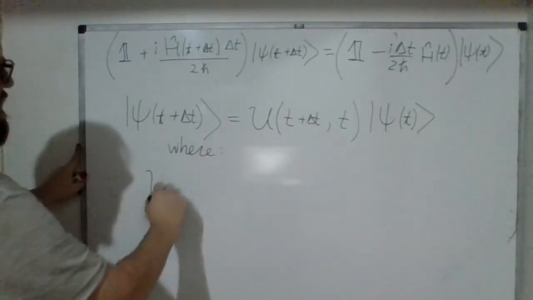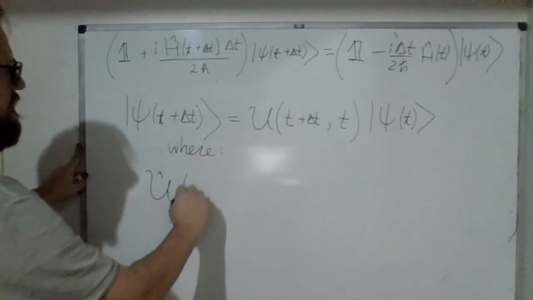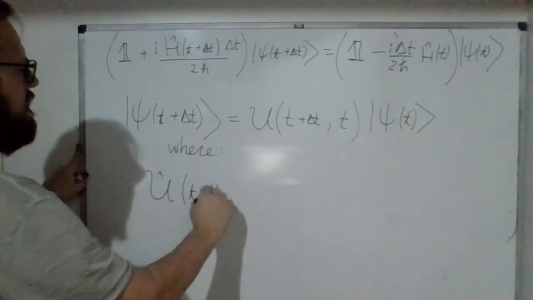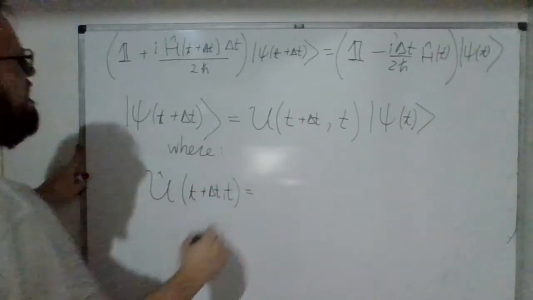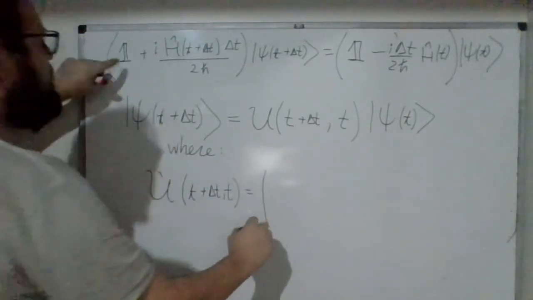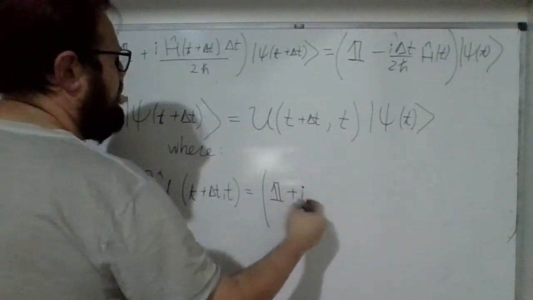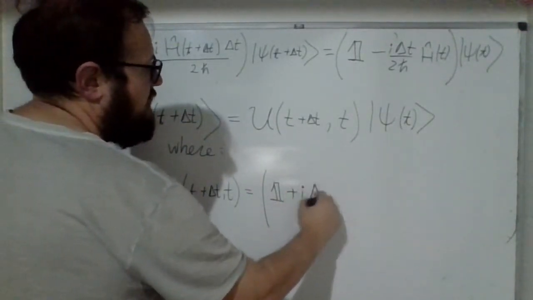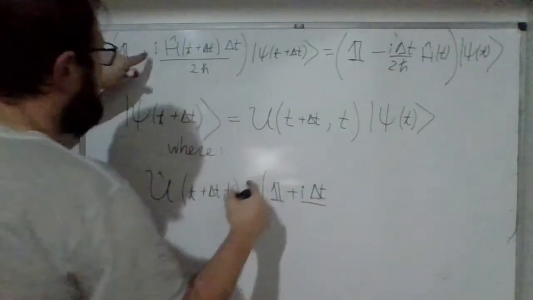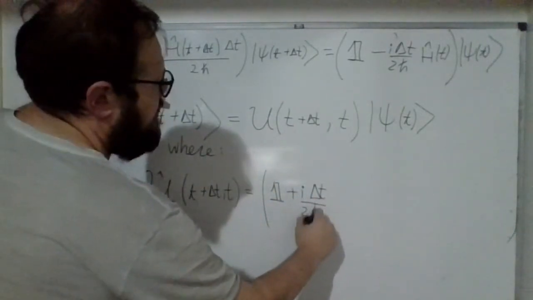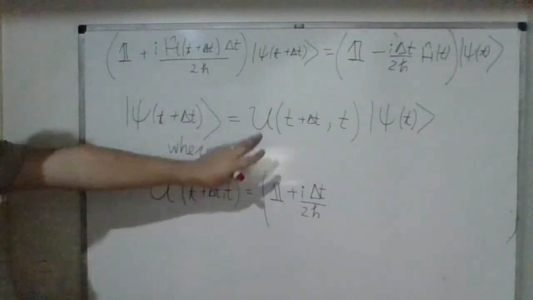where we have this operator, which is given by the following. This matrix inverse is sometimes difficult to calculate. The imaginary unit, the h bar, the 2, the delta t are just numerical factors.